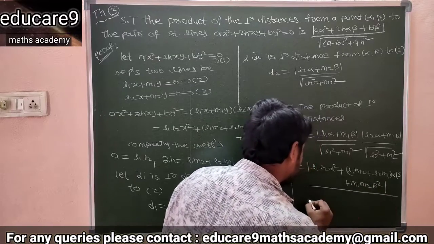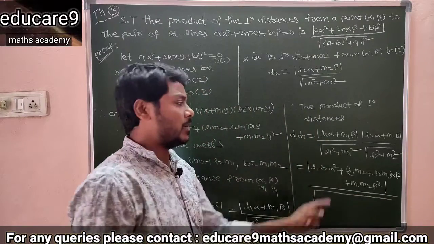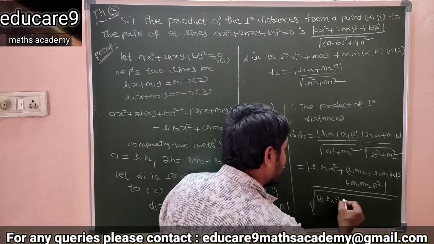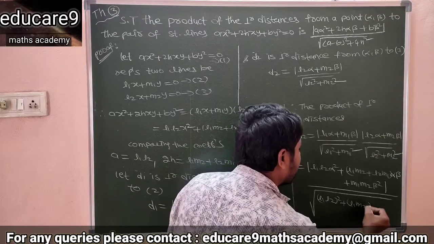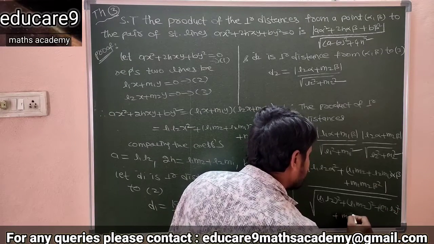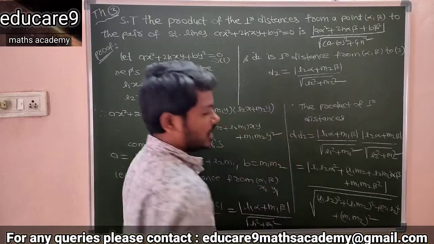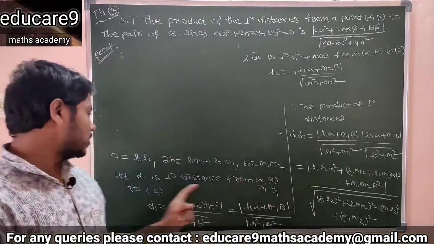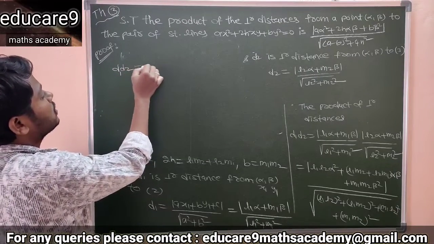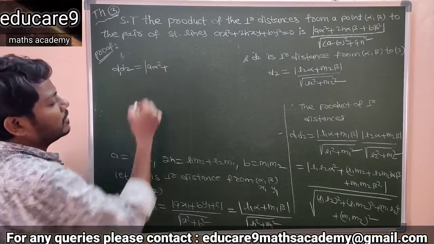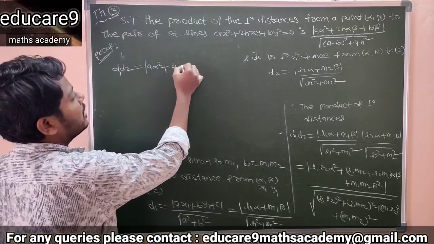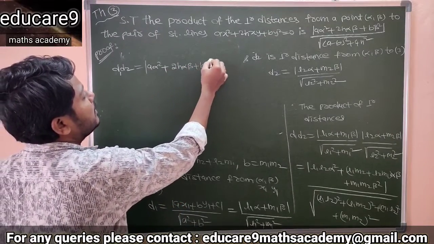Now what is L1 L2? That is a. So the numerator is a alpha square plus (L1 M2 plus L2 M1), that is 2h, so 2h alpha beta plus b beta square.